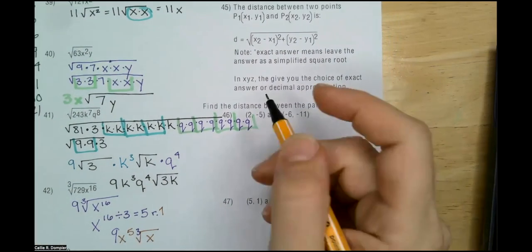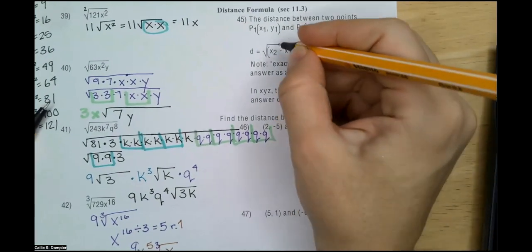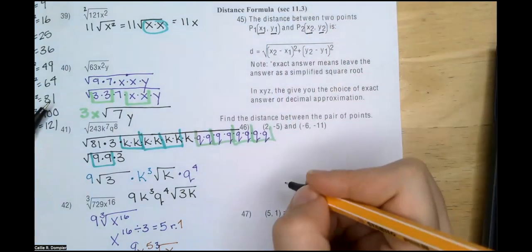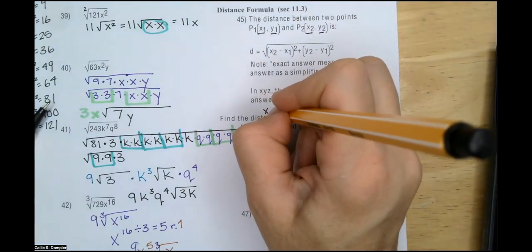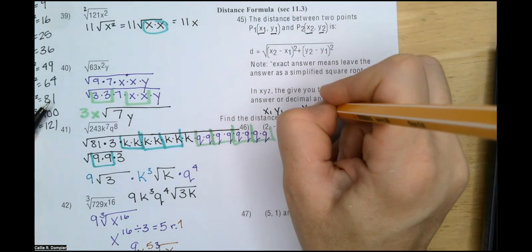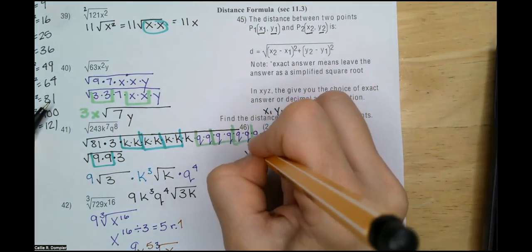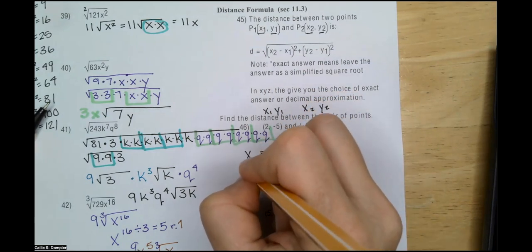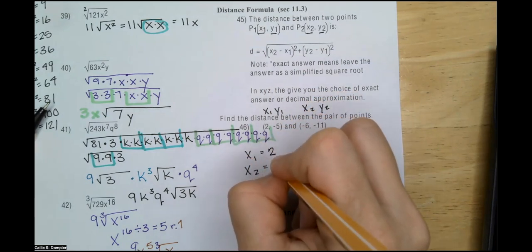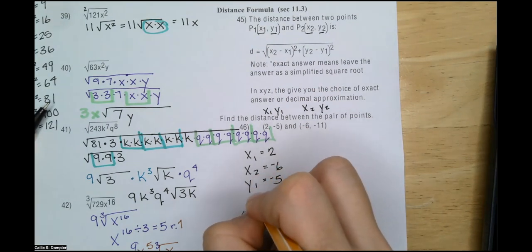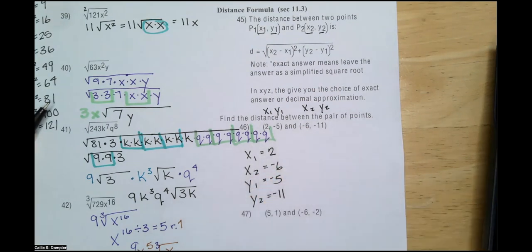All right, so here they have the points 2, -5, and -6, -11. So you just need to decide which one's x1, which one's y1, which one's x2, which one's y2. This looks like x1, y1, x2, y2, right? So x1 is 2, x2 is -6, y1 is -5, y2 is -11.